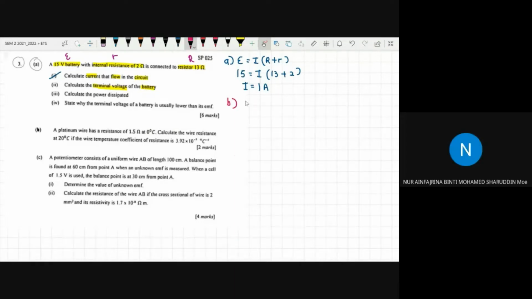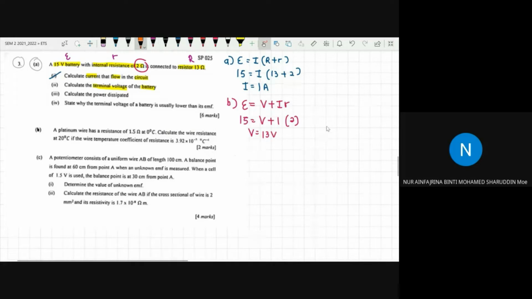Correct, kan? So maksudnya kita akan pakai formula ni, EMF equals to V plus Ir. Which is your EMF adalah 15 and then kita nak cari V dan current kita adalah 1 dan internal resistance kita adalah 2. So tekan calculator, awak akan dapat 13 volt.